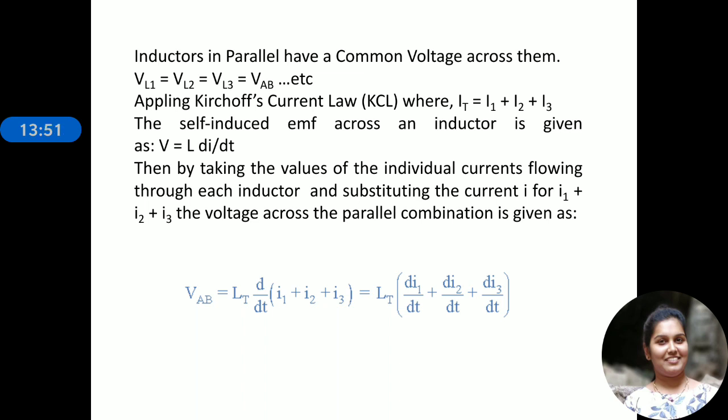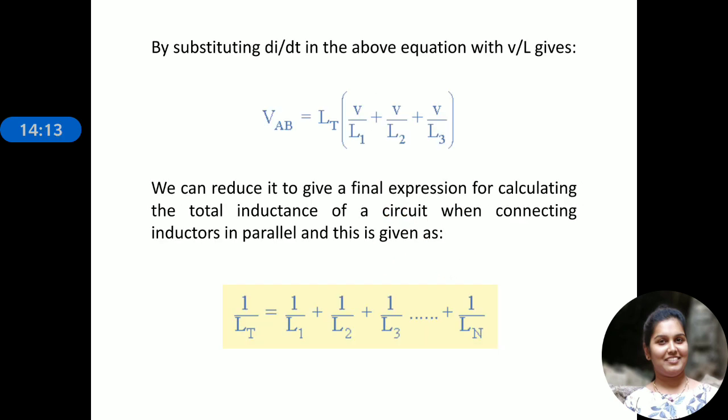We can also reduce the final expression by simply substituting di by dt with V by L. So instead of di by dt in this expression, we substitute V by L. Then the expression becomes VAB is equal to LT into V by L1 plus V by L2 plus V by L3.